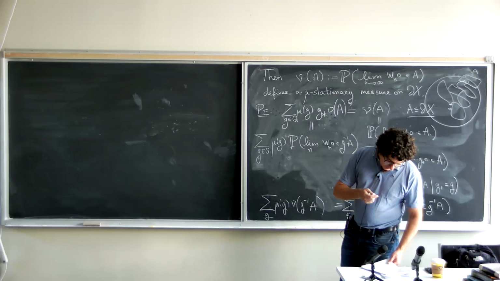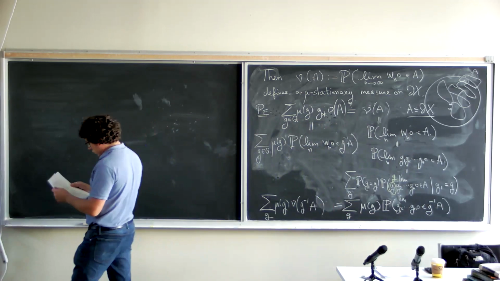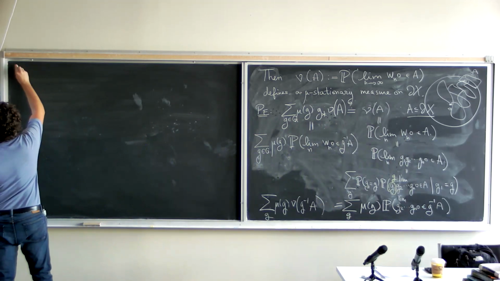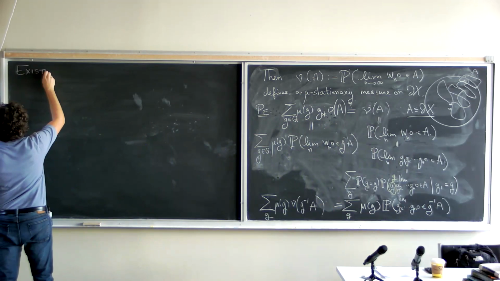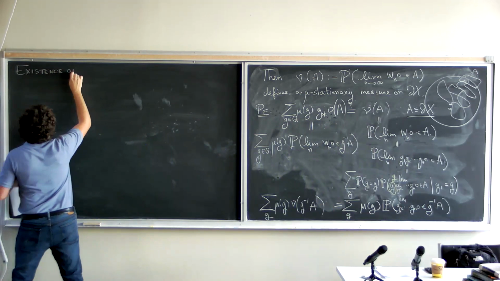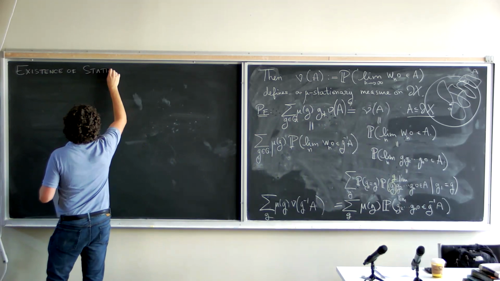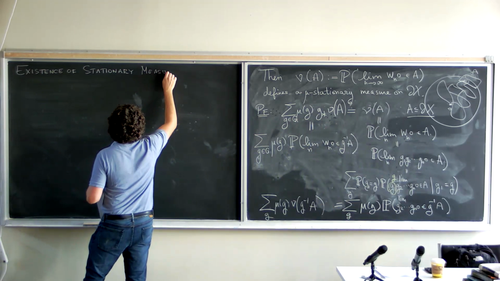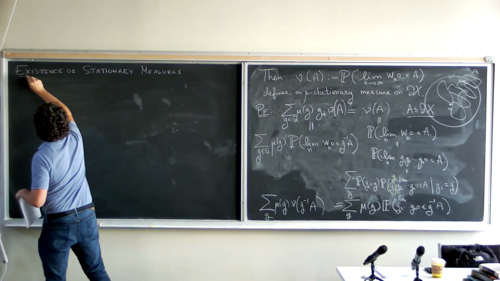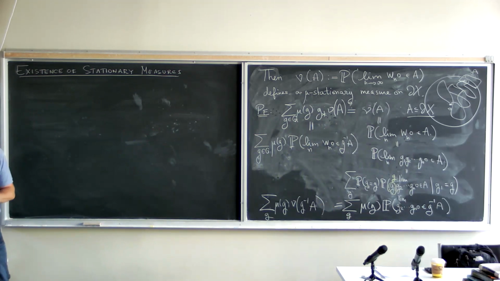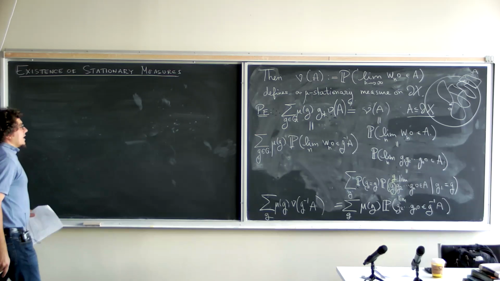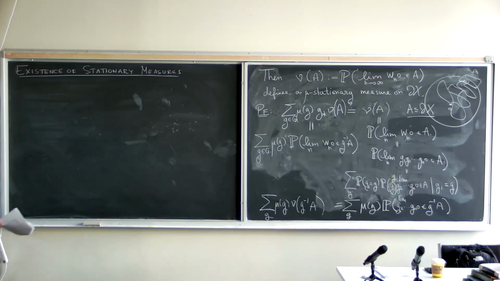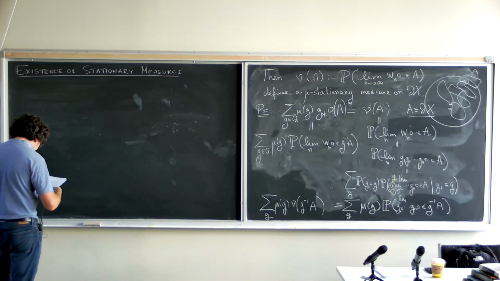Okay, so what else? Now we can look at the existence of stationary measures. Just the existence of stationary measures in the basic case: if the boundary is compact, this is somewhat straightforward by classical functional analysis.